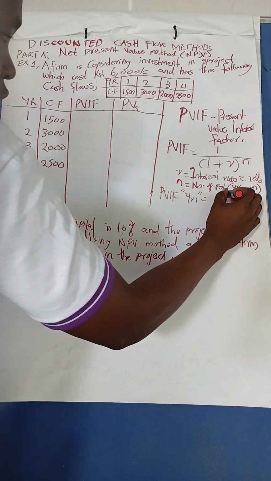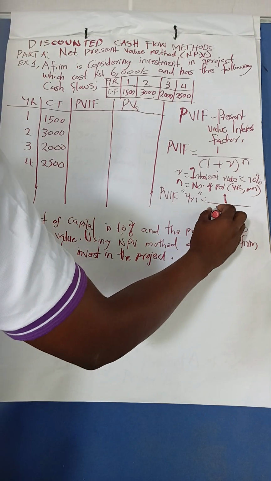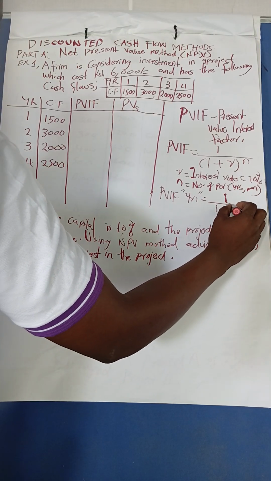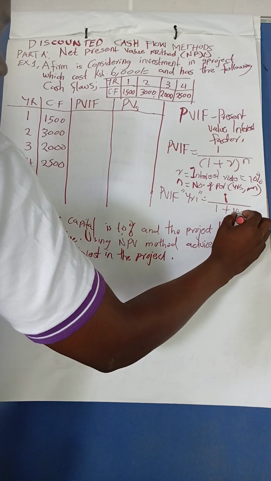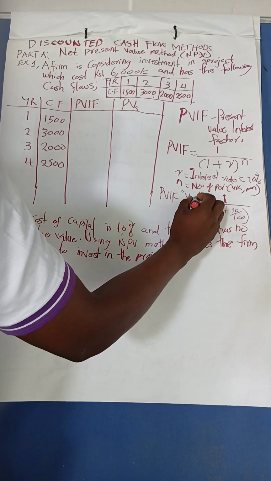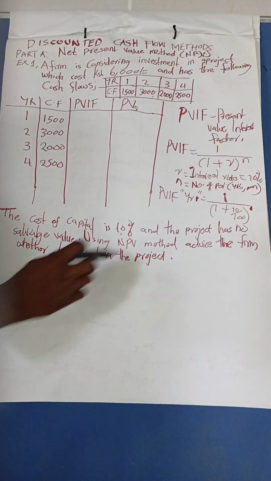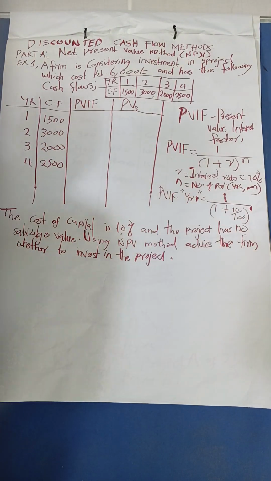I said it remains constant. You divide by 1 plus the rate you have been given, 10 over 100. For year 1, you put n as 1. When it is year 2, here it will be 2. I think we have understood that.